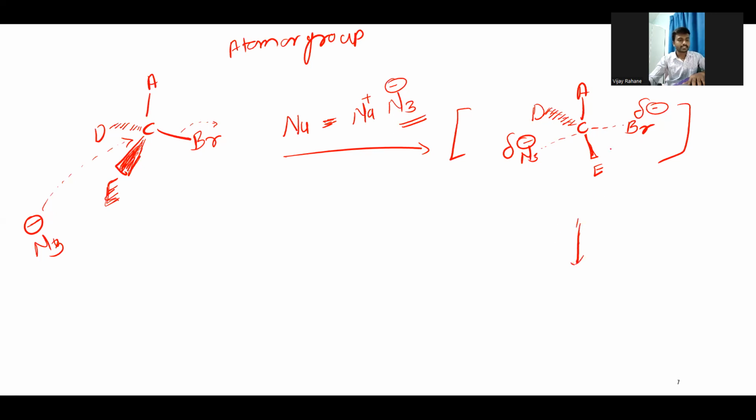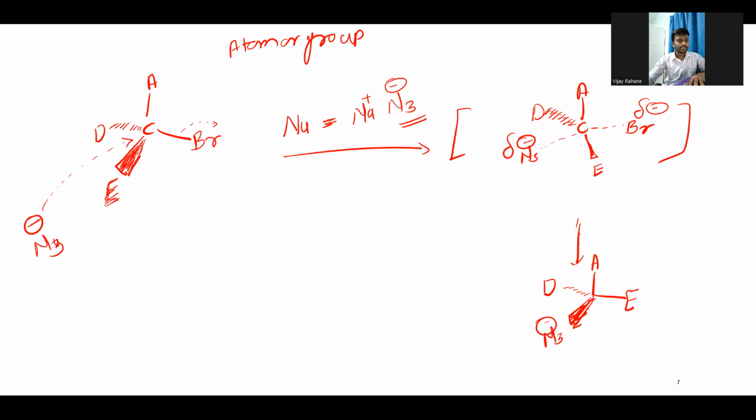And in the next step, what happens? This bromine entirely gets kicked out, and if you see the molecule after formation, A will remain as it is. This E will be shifted here, and this D as well, and on this side, this nucleophile, let's say this N3 minus, will be here.